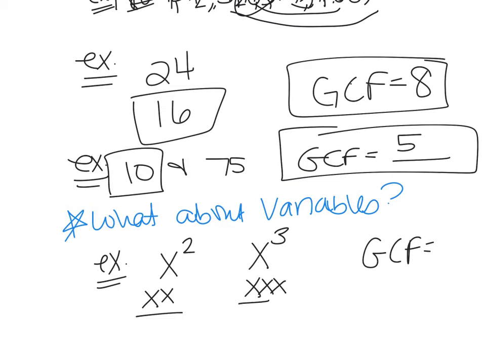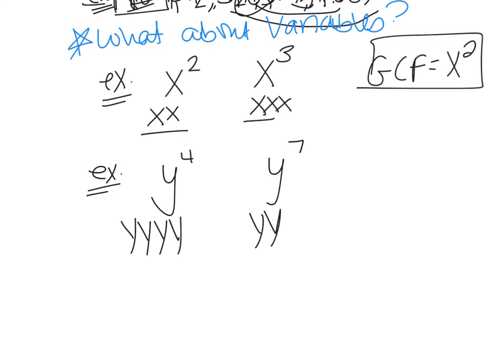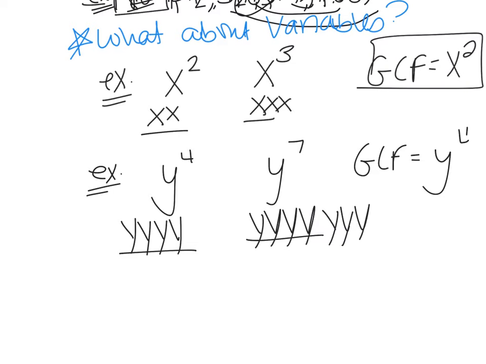Well, they both have 2 x's, so my GCF would be x squared. Okay? So if I look at another one, if I do y to the 4th and y to the 7th, here I have 4 y's. Here I have 7 y's. How many y's do they have in common? Well, this has 4 y's. Does this one have 4 y's? Sure enough. The GCF is 4 y's, which is y to the 4th power.